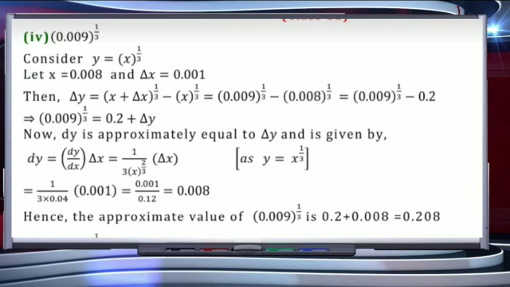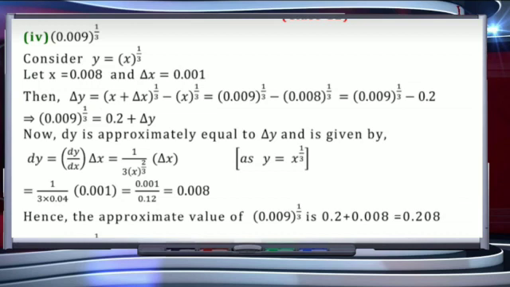That is 0.008. So x will be 0.008 and our error, or approximation, delta x will be 0.001. Next, delta y, by the definition of first principle, will be (x plus delta x) raised to power 1 by 3 minus x raised to power 1 by 3.